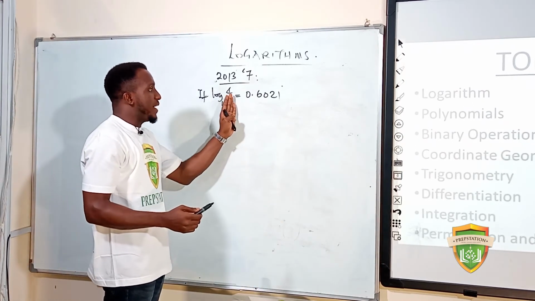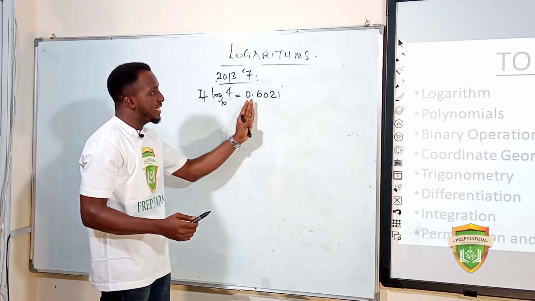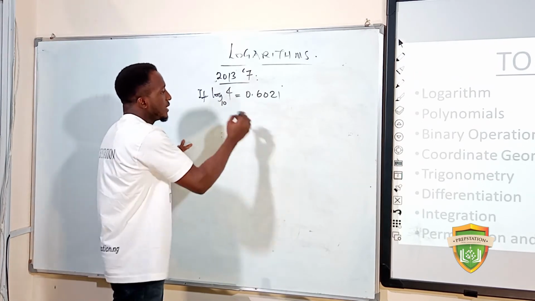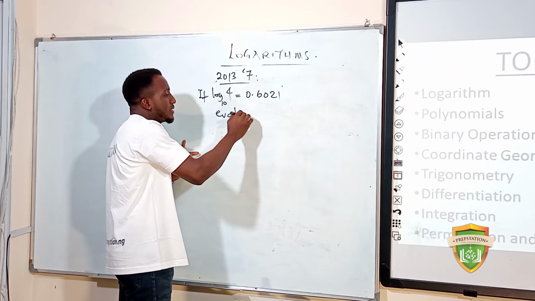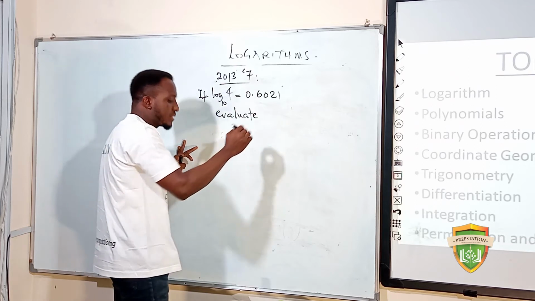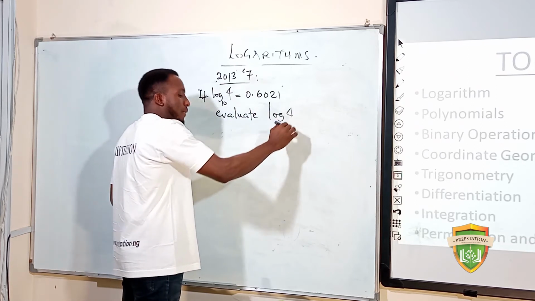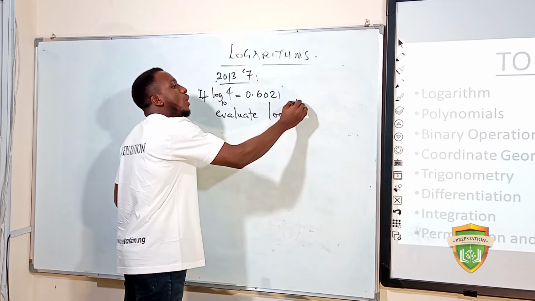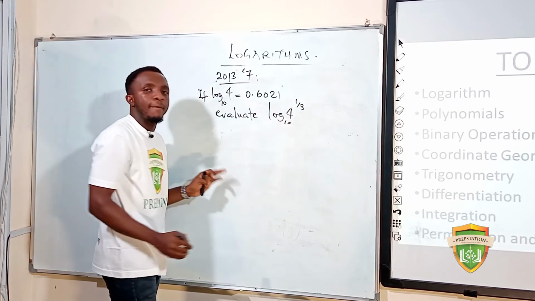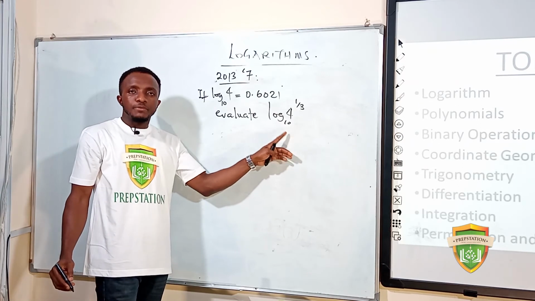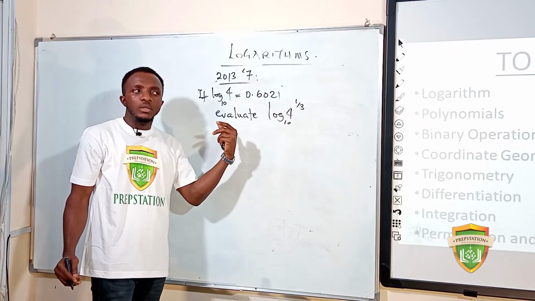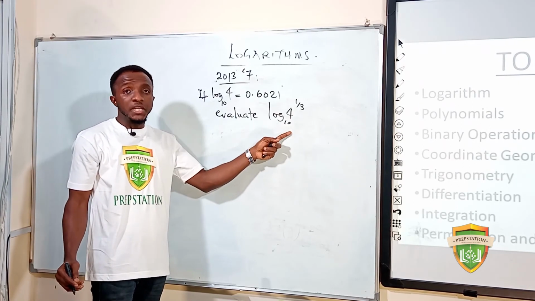Now log 4 to base 10 is 0.6021. Now we are told to evaluate log 4 raised to power 1 over 3 to base 10. Now what law is this? Press pause and go back to the law. If you check the law, this is law 3.